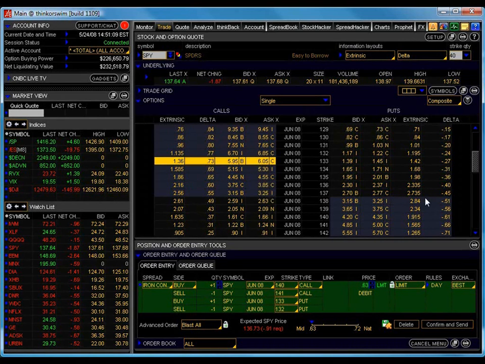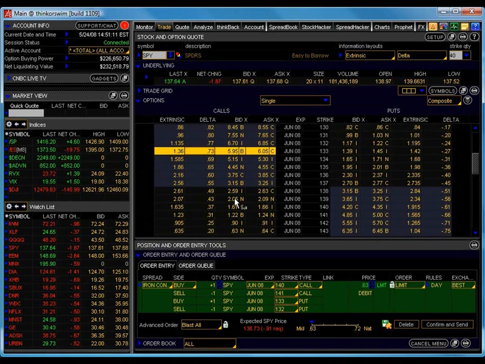The closer you get to at-the-money options, the lesser the delta. So many people purchase these at-the-money calls, and the delta of the at-the-money call is only 49 cents. So in other words, if the SPYs move up $1, this option will only increase by 50 cents. There is not a dollar for dollar increase in the price of that option as the SPYs move up.